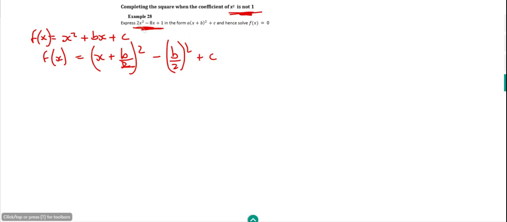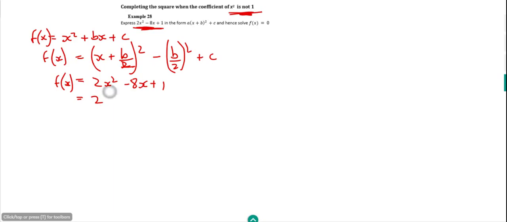So in our case, it's not quite in that format yet because we've got a number in front of the x squared. So what I'm going to do is take my function, 2x squared minus 8x plus 1, and simply take out a factor of 2 and put everything else in a bracket.